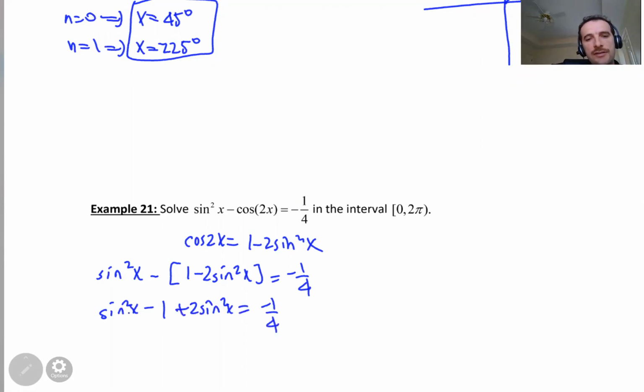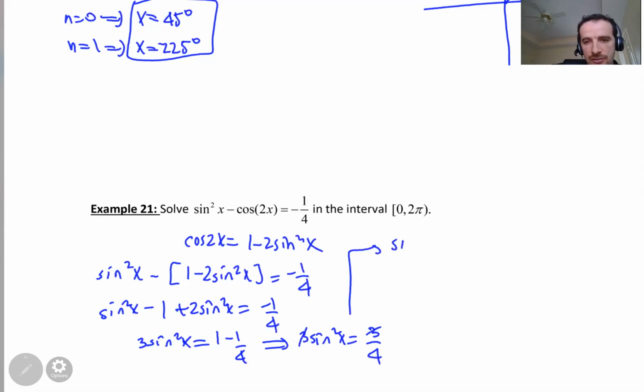So sine squared plus 2 sine squared is 3 sine squared. 3 sine squared x is equal to, if you add 1 to both sides, 1 minus 1 over 4, so 3 sine squared x is equal to 3 over 4. I can simplify those 3's. Sine squared x is equal to 1 over 4.